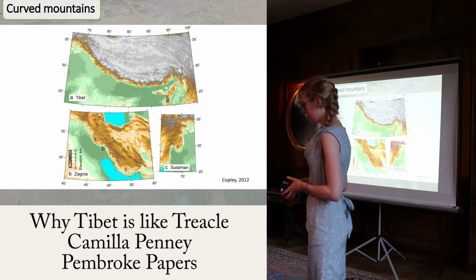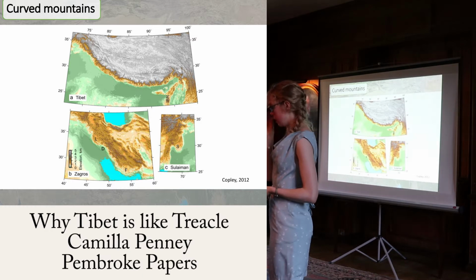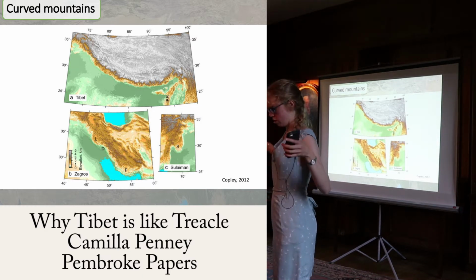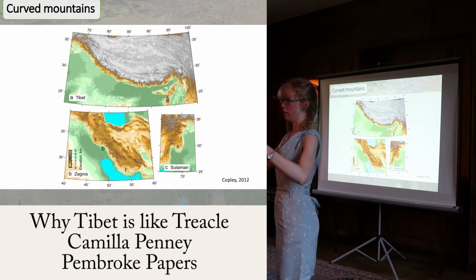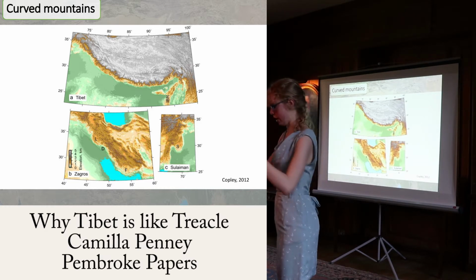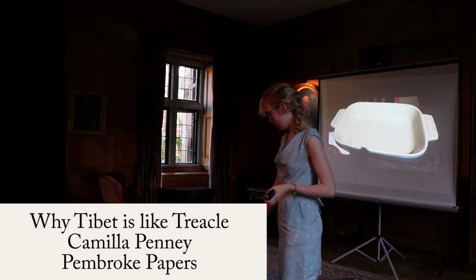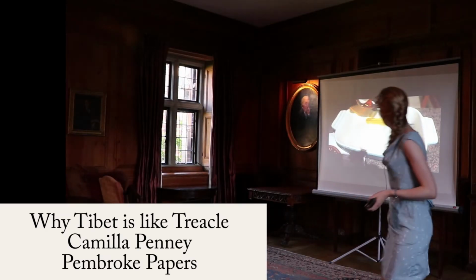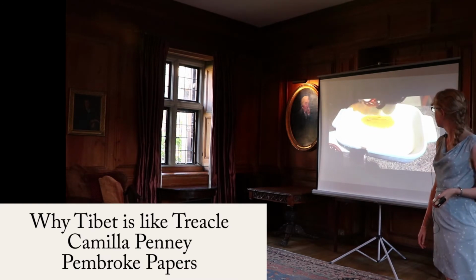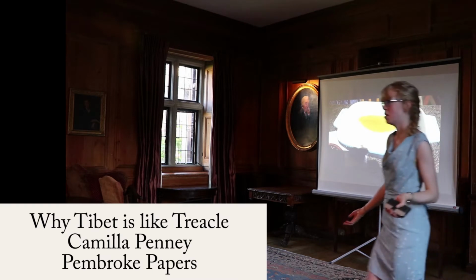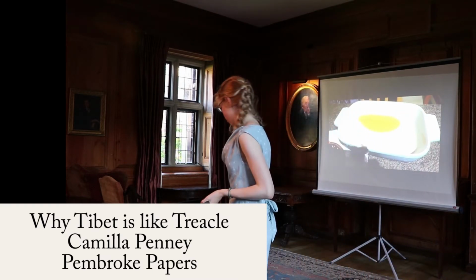So the idea that we use here is essentially that if you start with a straight mountain range, because you can imagine if you're just squashing things in a straight way, then they go straight, and then you let them spread out under gravity, then they start to become curved. So here's the golden syrup again, and we start with a straight line, and then you can see it gradually gets more and more curved over time. It's quite nice because that one actually works.